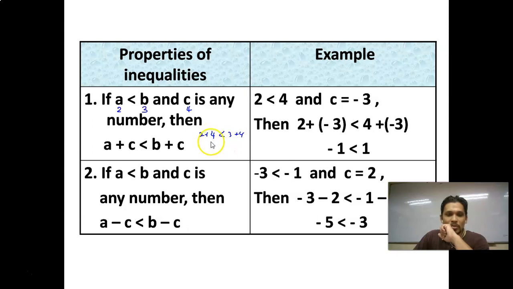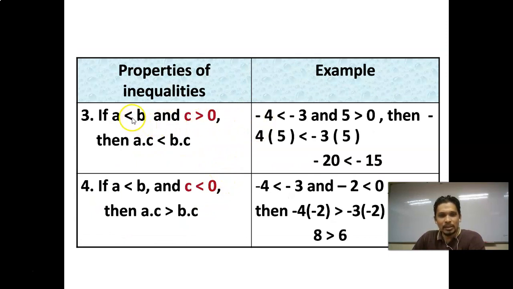As we know, 2 plus 4 equals 6 and 3 plus 4 equals 7, and 6 is less than 7, proving that this is all correct. Same with this one here, where you can see the example on the right side. So you may test the properties by yourself.